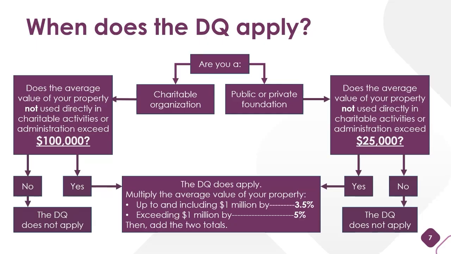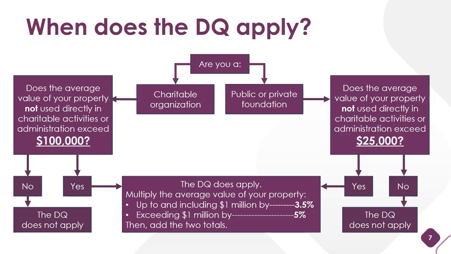So when does the DQ apply? There are a few considerations, and we'll go through them using this flowchart. First, are you a charitable organization or a public or private foundation? If you're a charitable organization, does the average value of your property that is not used for charitable activities or administration exceed $100,000?